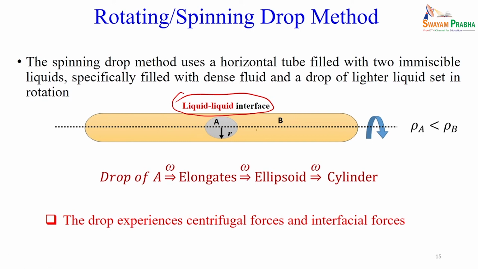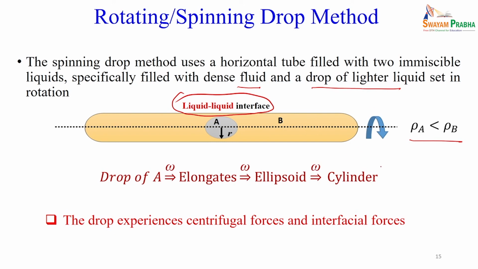There is a difference in density also. The density of B is higher than the density of A, meaning the tube is filled with the dense fluid, and a drop of lighter liquid is inserted here, then we rotate it.